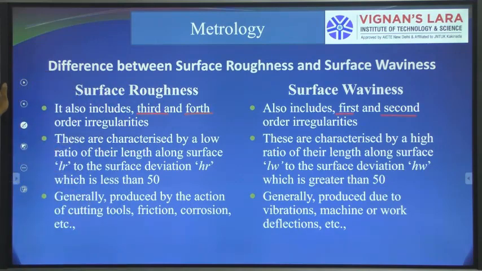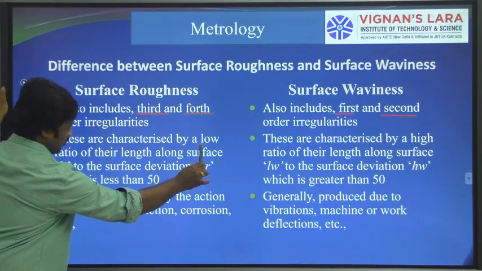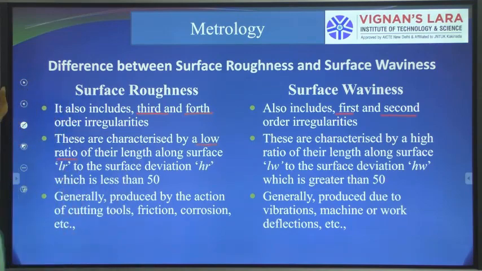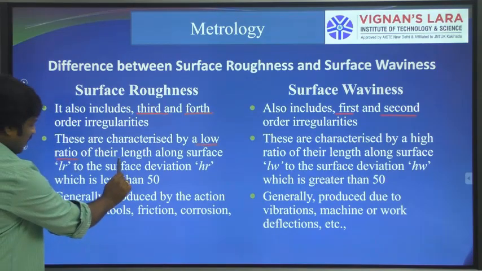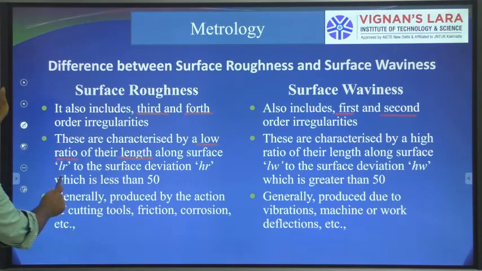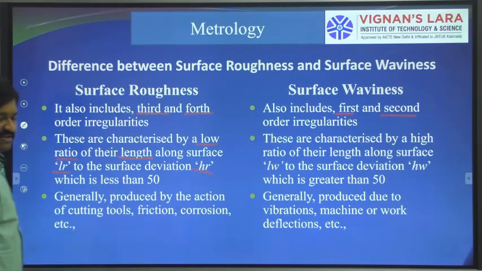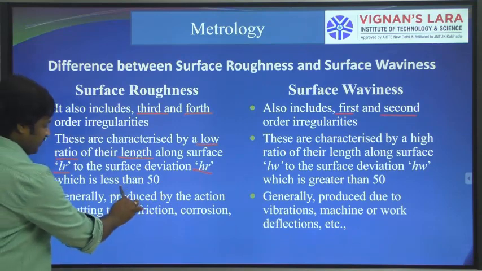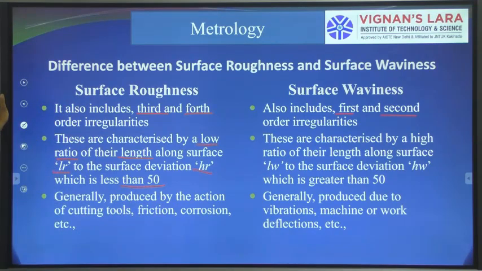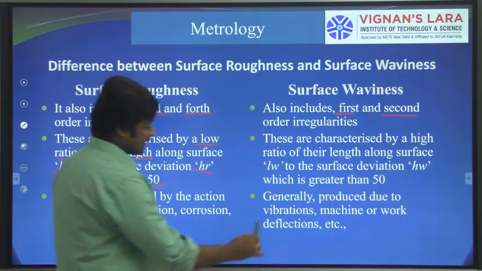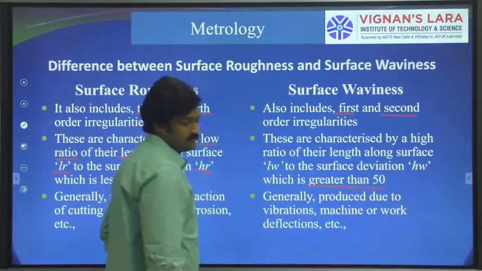Next, these are characterized by a low ratio of their length along the surface, that is LR, length of the roughness, to the surface deviation, that is HR, height of the roughness, which is less than 50. So the L by D ratio, the length to height ratio, is less than 50 in roughness, whereas it is greater than 50 in waviness.